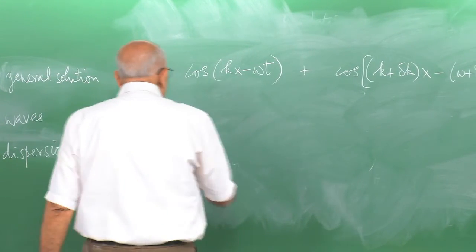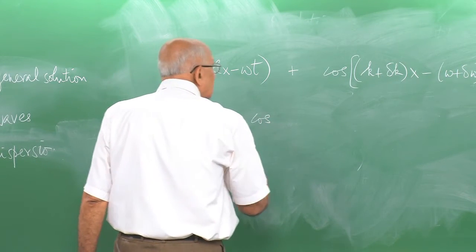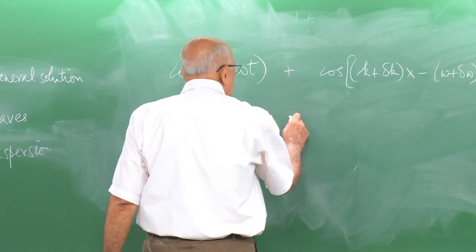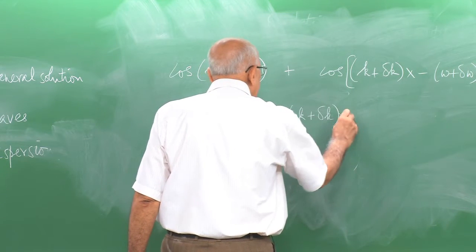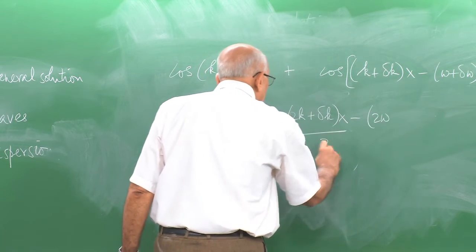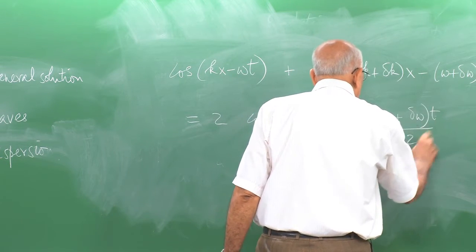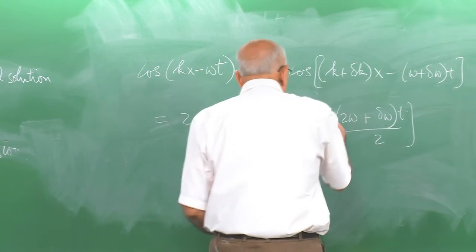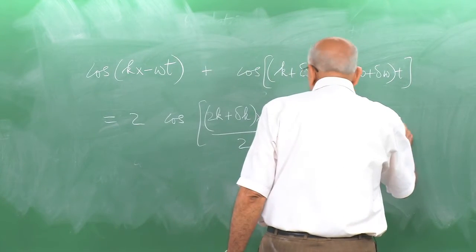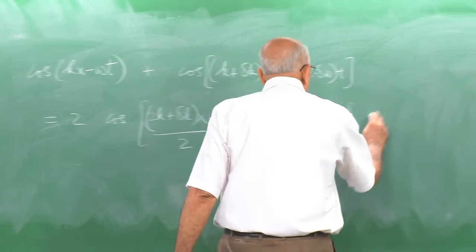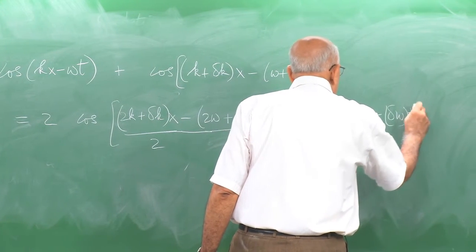Well, we need to simply use the identity that the sum of these 2 cosines is equal to twice the cosine of half the sum, that is, (2k plus delta k) x over 2 minus (2 omega plus delta omega) t over 2, times the cosine of half the difference, which is (delta k x minus delta omega t) divided by 2.